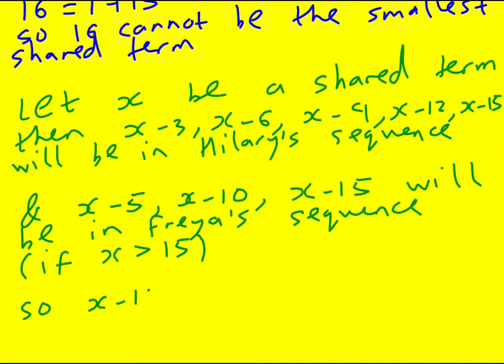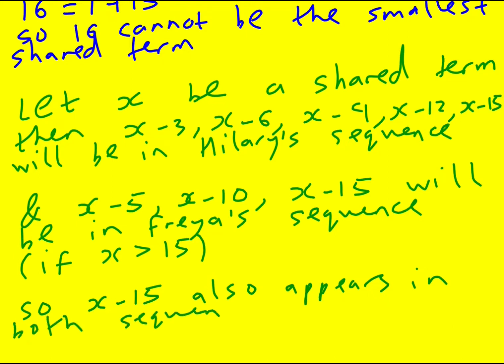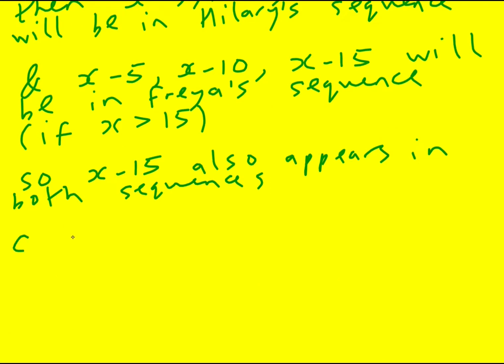So x minus 15 also appears in both sequences, and c therefore cannot be bigger than 15.